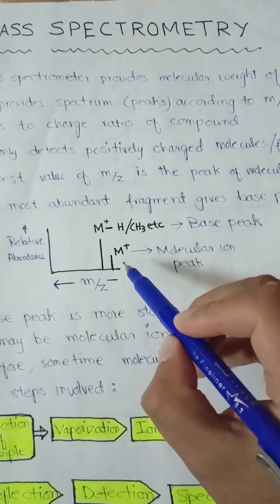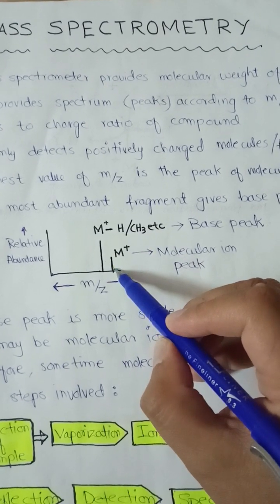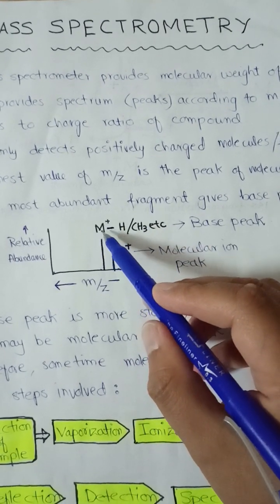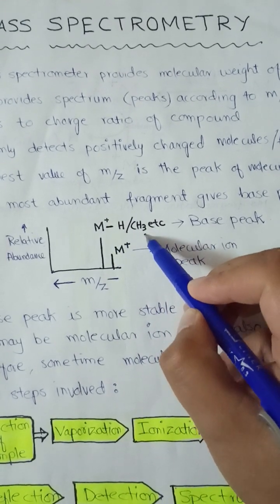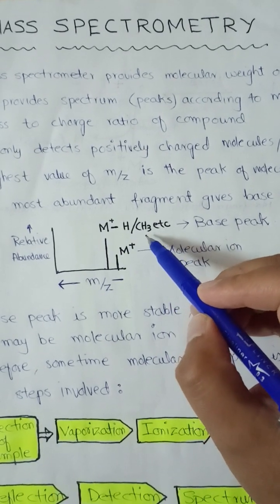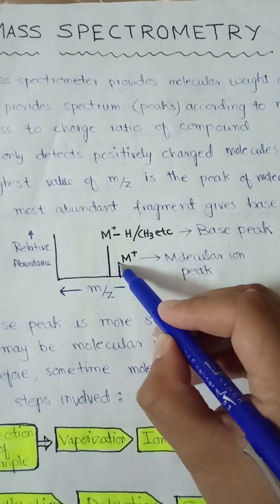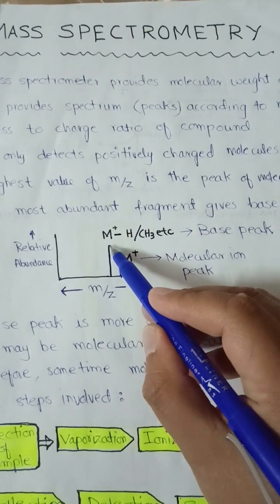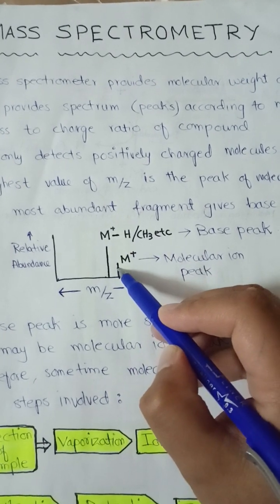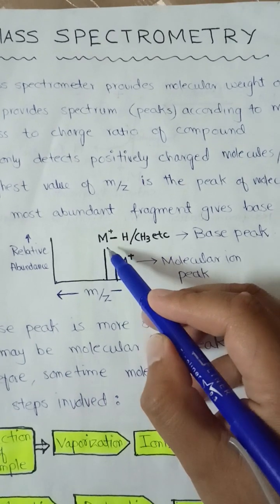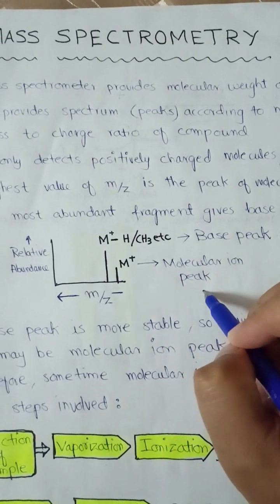Let us suppose that we have a molecular ion peak which is M plus, and here we have another peak which is M plus minus H, or minus CH3. It means that a hydrogen or methyl group is removed from this. If we look at the intensity of the molecular ion peak and this peak, we observe that this peak is more intense or more stable than the molecular ion peak. Therefore, this peak will be called the base peak, whereas this peak is the molecular ion peak.